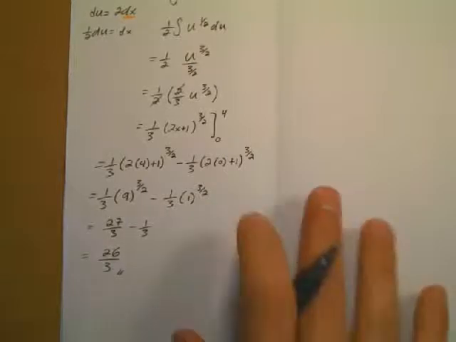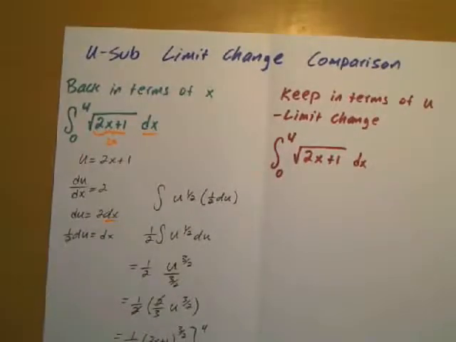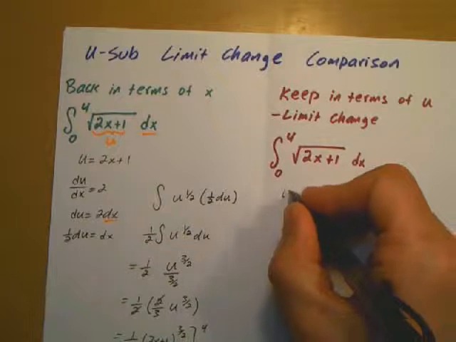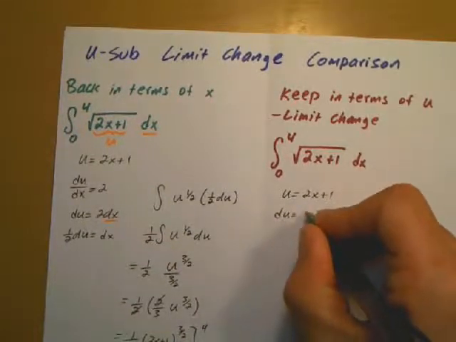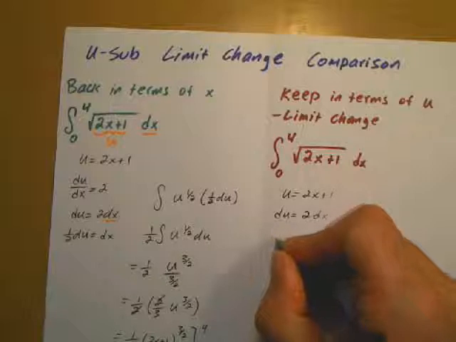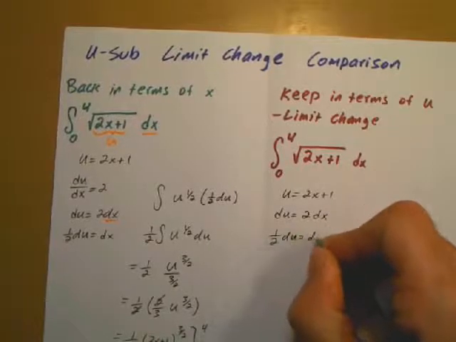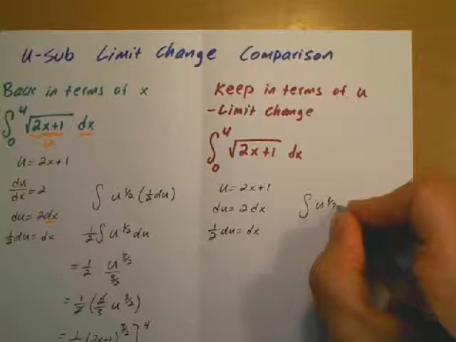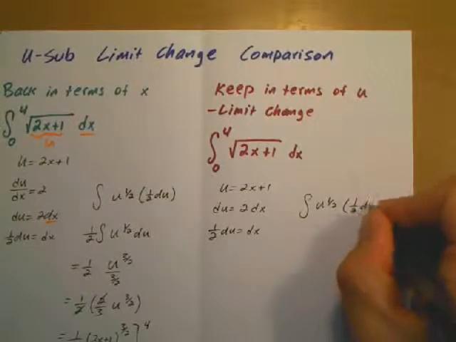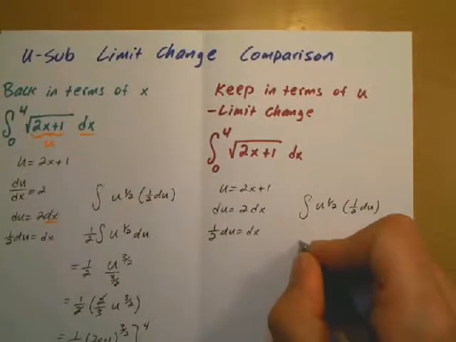Now, if I work out the exact same problem, I have to start the exact same way. u is equal to 2x plus 1. du is 2 dx, divided by 2 over. So the integral doesn't change. I still have u to the 1/2. I still have this 1/2 du.